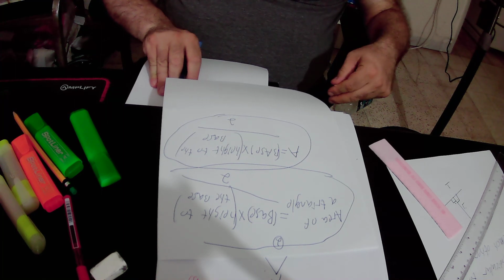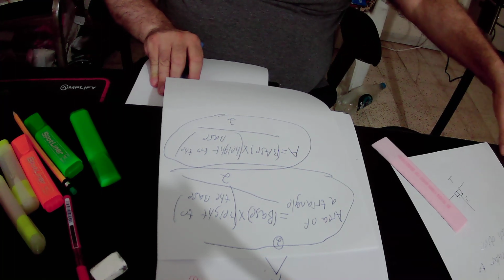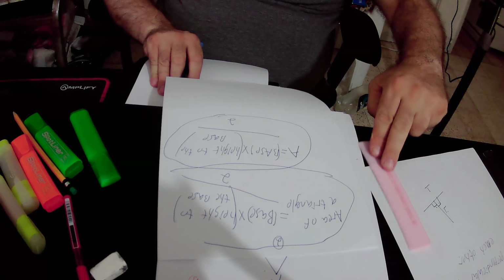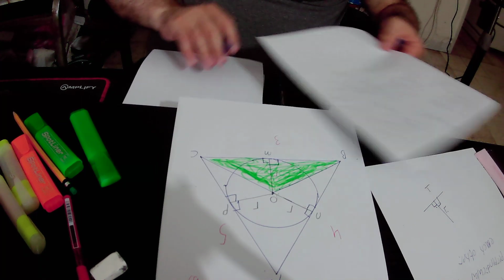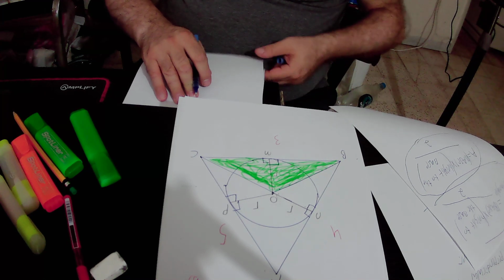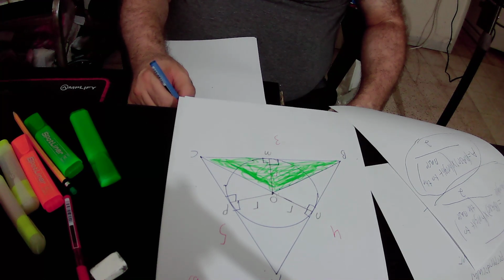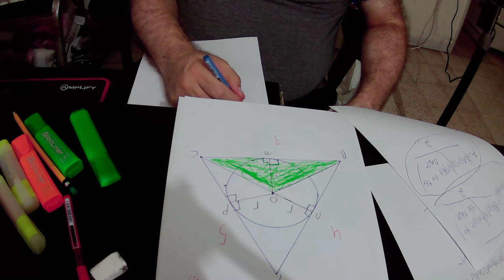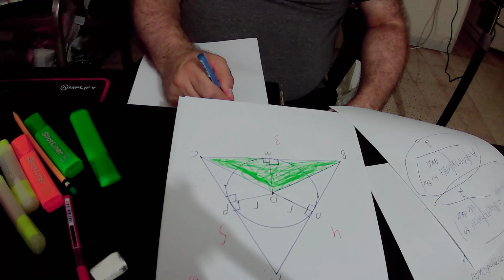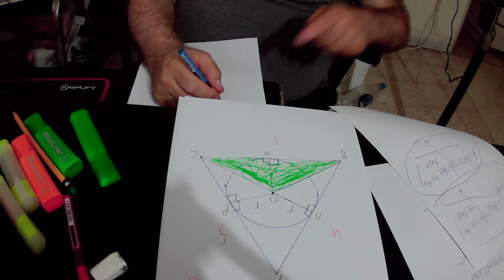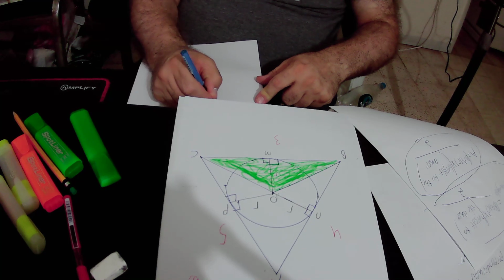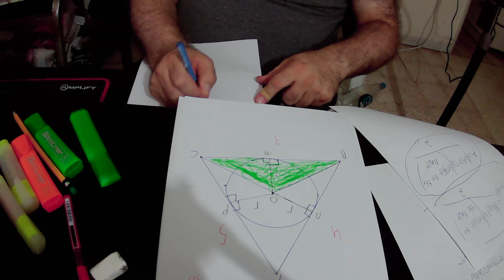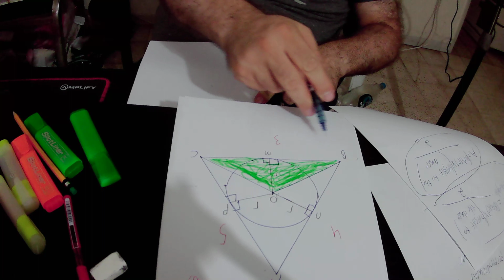So actually the area of the green triangle, where A is the abbreviation for the area of triangle BOC, that is the green triangle, equals the base of the triangle.